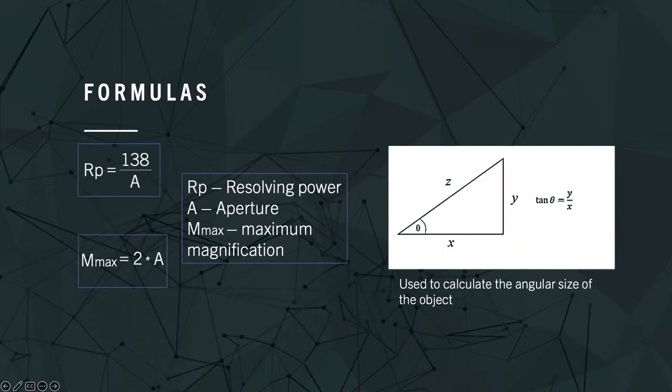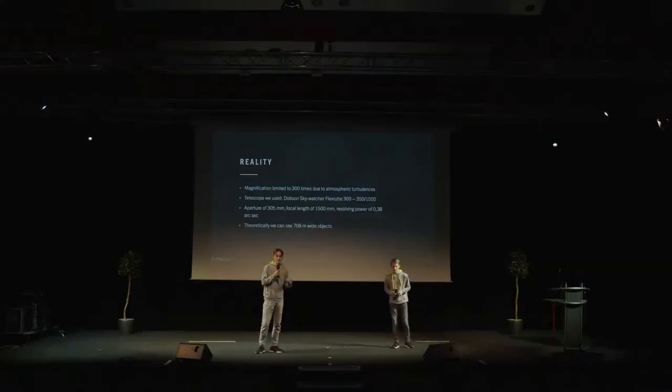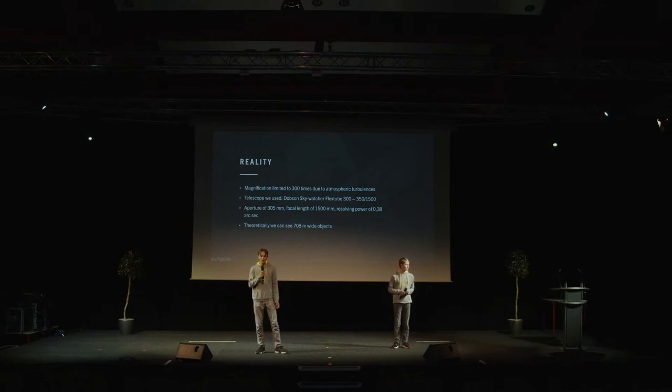And these are the formulas that we use to calculate the specifications of the telescope. In reality, the magnification is limited to 300 times due to atmospheric turbulences, and past that number, the images become less clear and blurry, basically.